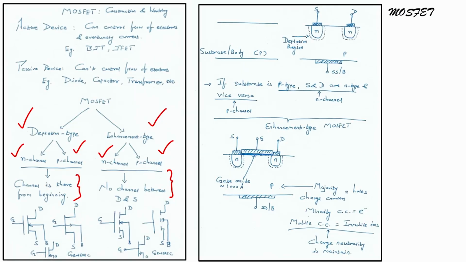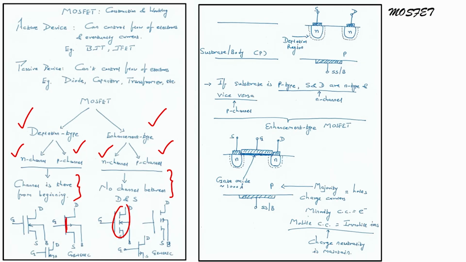You already know the symbols for the n channel depletion type, p channel depletion type, n channel enhancement type, and p channel enhancement type. Now, the basic difference is that in the enhancement symbol the drain, gate and source are not connected, which means the channel is not there, while in the depletion type the channel is already existing, okay.